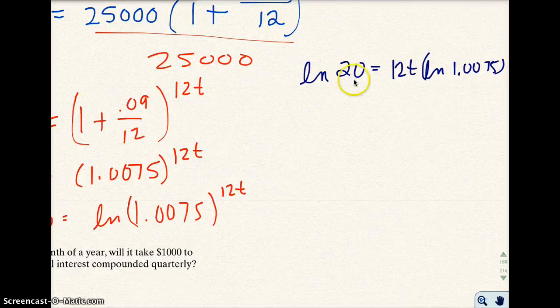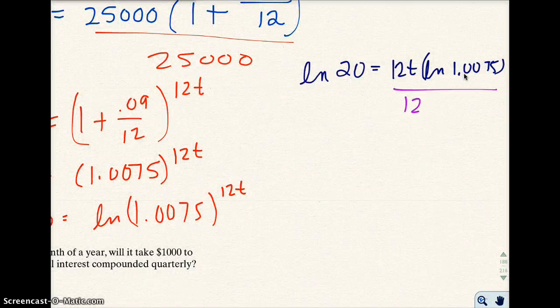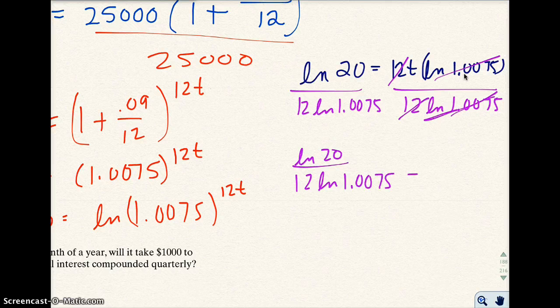Now, this is just a number right here, whatever it is, and 12 is just a number. 12 times t times another number. If I divide both sides by that number, 12 natural log of 1.0075, then this will cancel out, and this will cancel out. These are all factors. So I would have the natural log of 20 over 12 natural log of 1.0075 equals t.